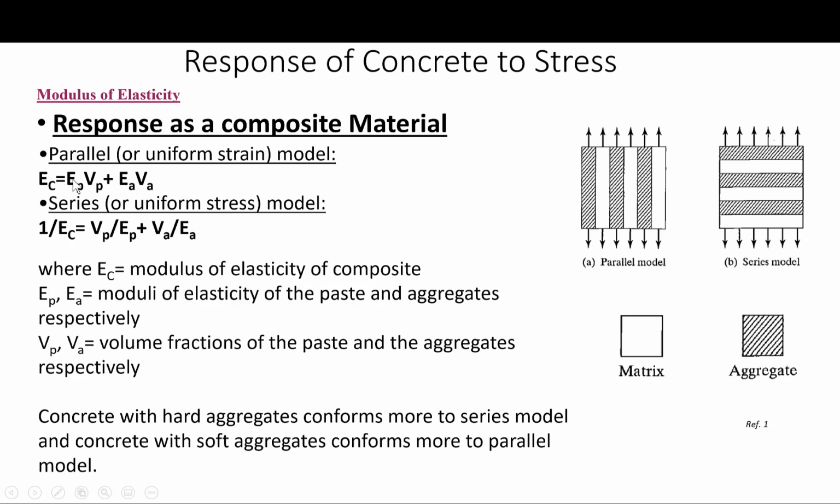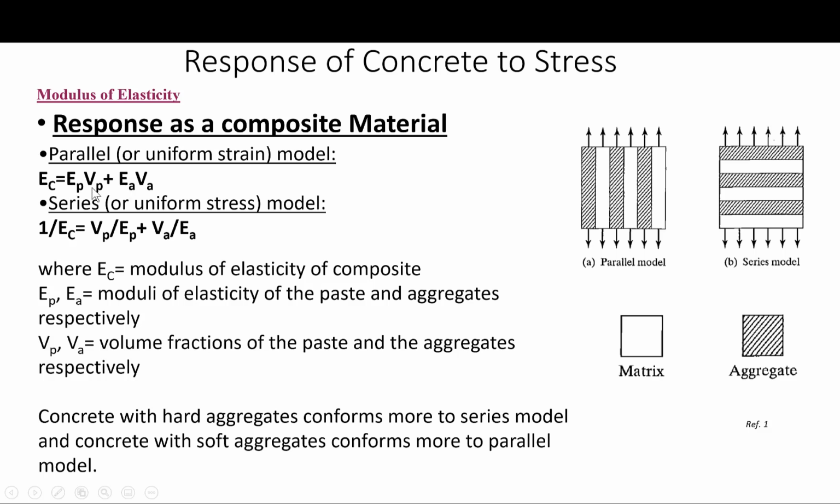So basically, just to define these terms here, E sub P and E sub A represent the moduli of elasticity. This is E sub C, the modulus of elasticity of the composite, which is the concrete in this case. E sub P is that of the paste, and E sub A is the modulus of the aggregate, okay?